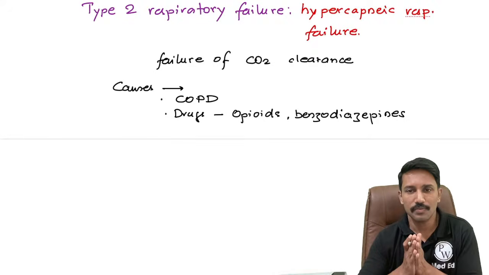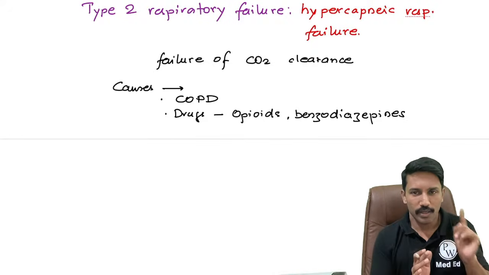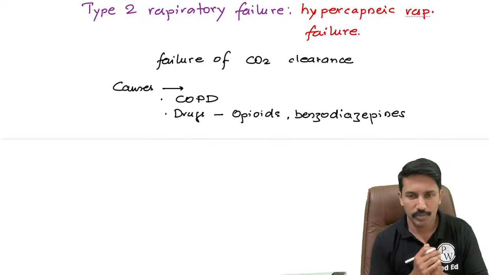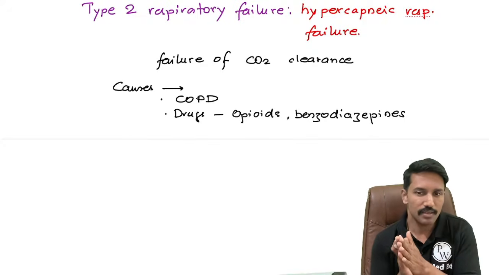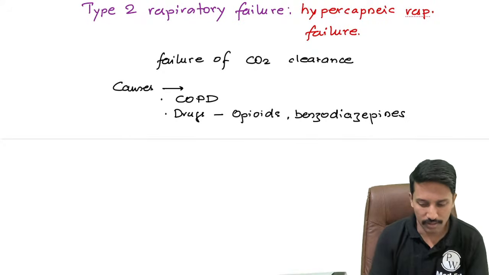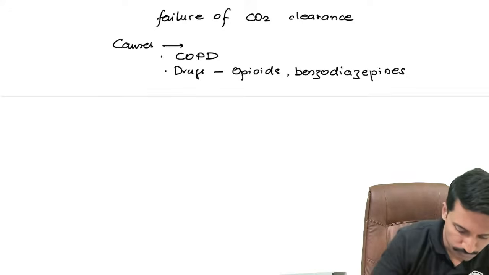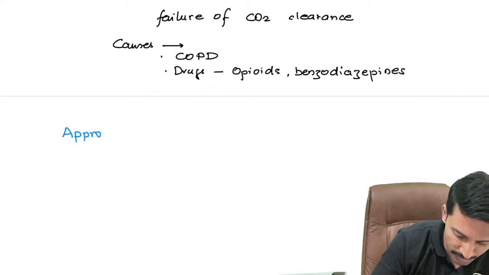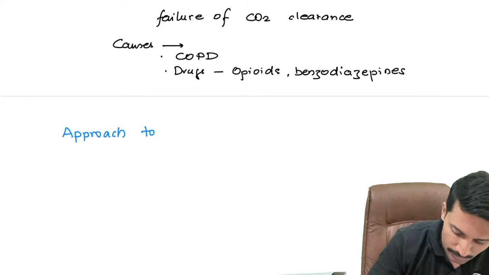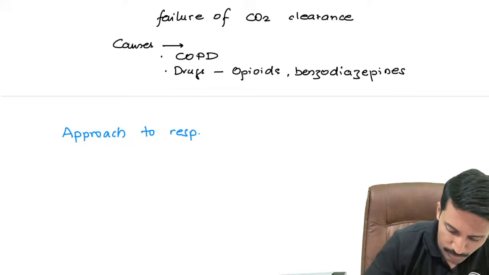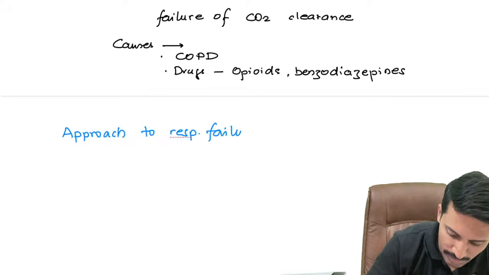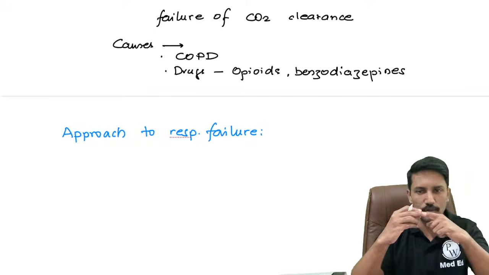Now the question is, I understood, okay, in one person oxygenation is the problem, in another carbon dioxide clearance is the problem. But how will I make a diagnosis? Approach to respiratory failure. Can I confidently diagnose a person having respiratory failure based on the SpO2, that pulse oximetry?